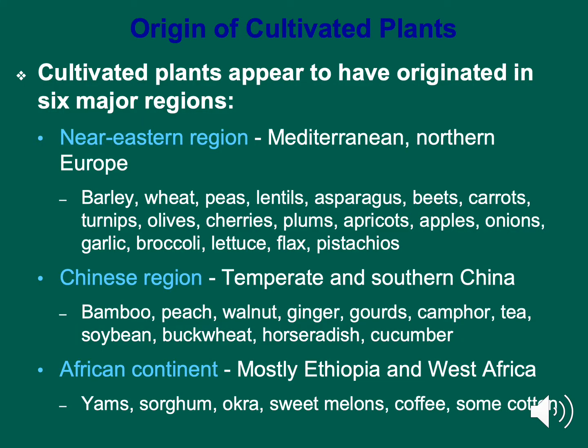Now, if you were to look more closely at what plants we cultivate and where they come from, you'll see some interesting trends. In the Mediterranean regions, you'll notice that we've got some of our cereal grains and things like olives. In the Chinese region, you see we have some of our stone fruits like peaches and bamboo. In Africa, you have some of our more drought-tolerant species and things that grow below ground.